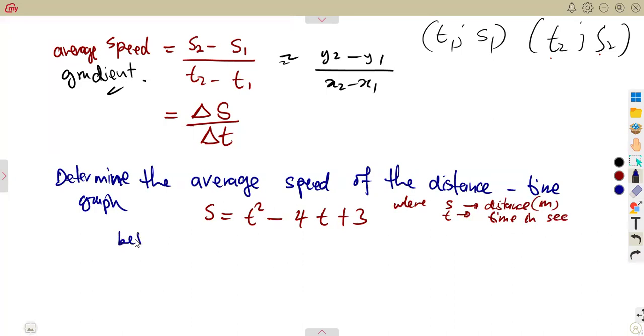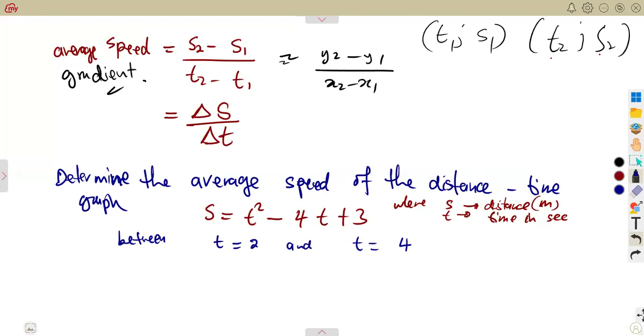So you might be given between t is equal to 2 and t is equal to 4. You are given the values of the time, and from the time, remember, it's supposed to be a point, like I said before.